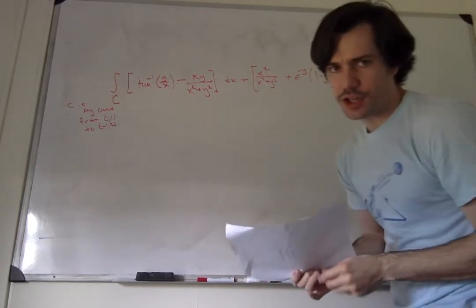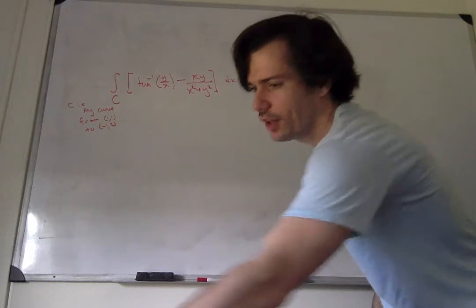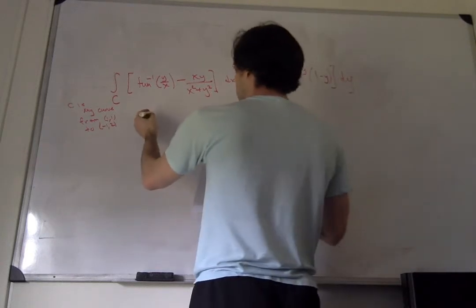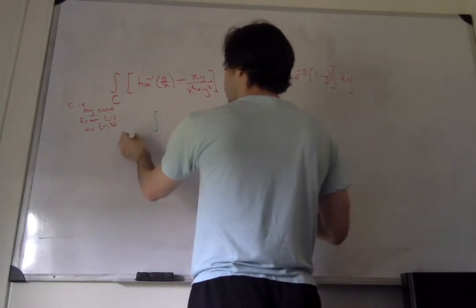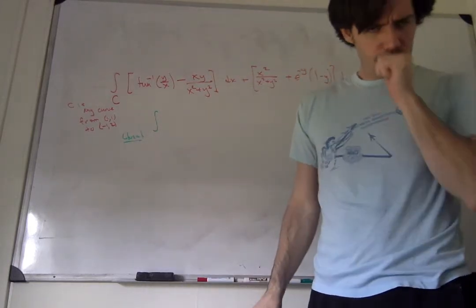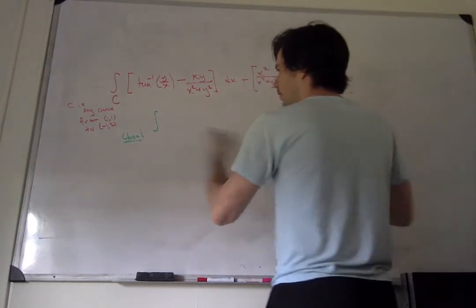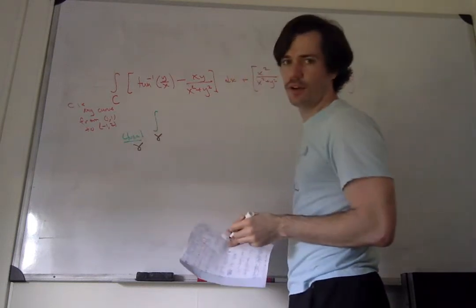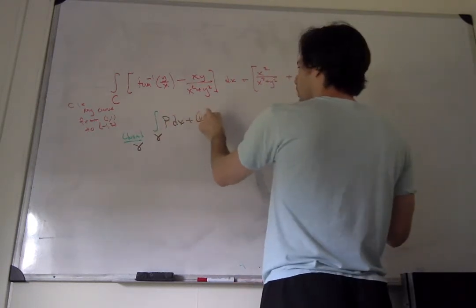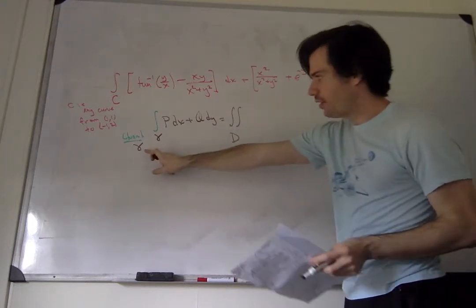Okay, so the temptation is to go ahead and apply Green's theorem, right? Green's theorem says that if you have a closed curve, so if you have closed gamma, then the integral over gamma of p dx plus q dy is equal to the double integral over the domain D, which is bounded by gamma.